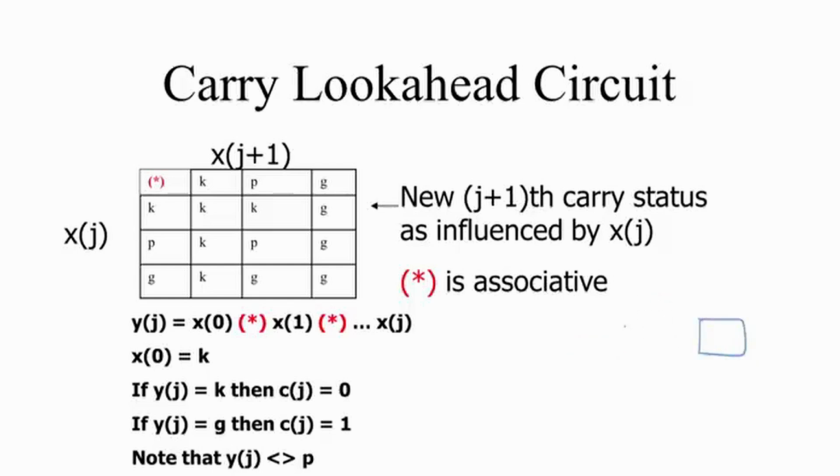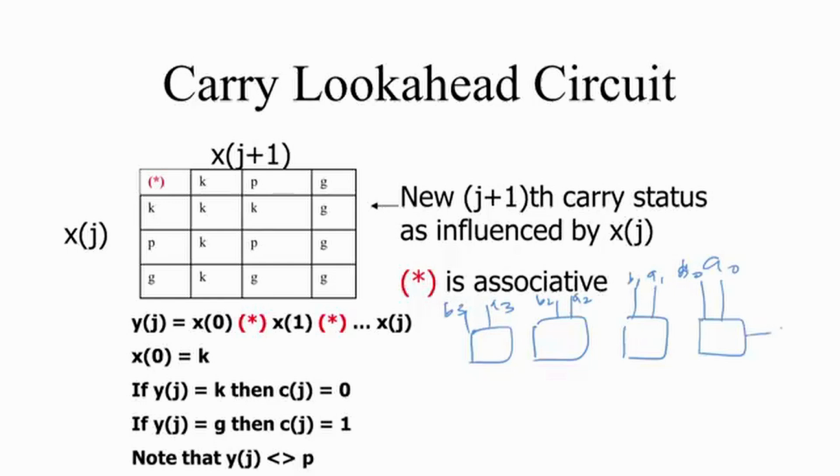So let us draw say 4 stages. Now the A's and B's have come here, A0, B0, A1, B1, A2, B2, A3, B3. There is always 0, so what you get here is kill, and you generate, this is what we call C0.